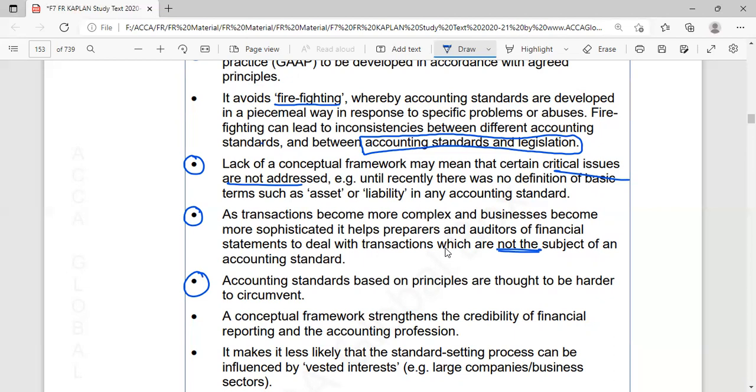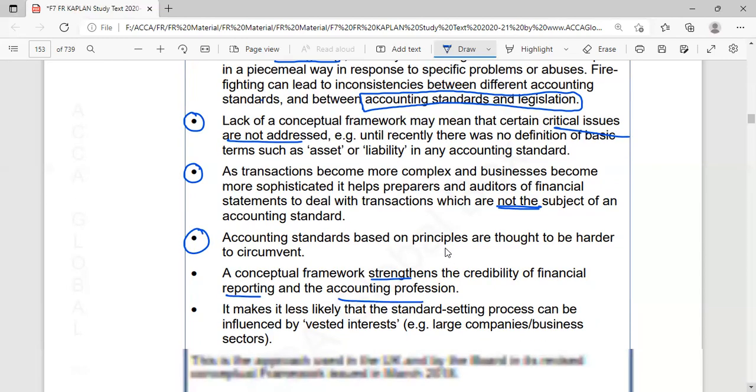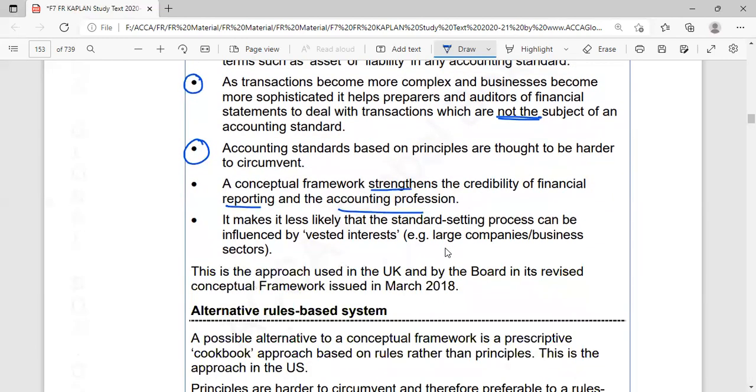So conceptual frameworks strengthen the credibility of financial reporting and the accounting profession. It gives more confidence in the financial information provided in the statement by providing guidelines which are used in preparation of the financial statement.